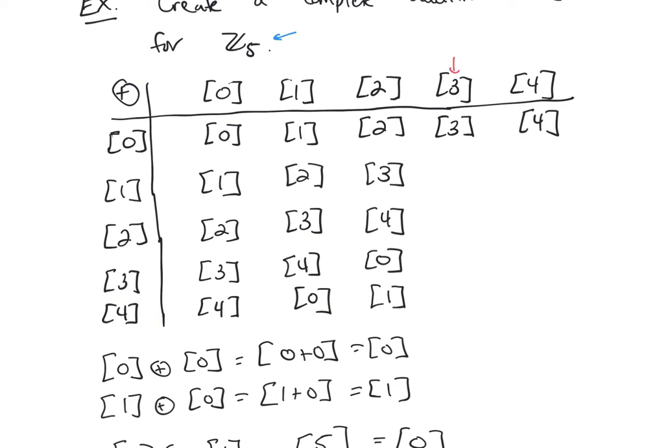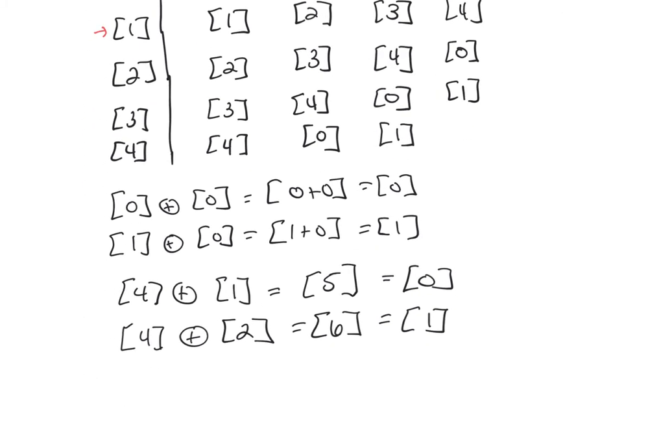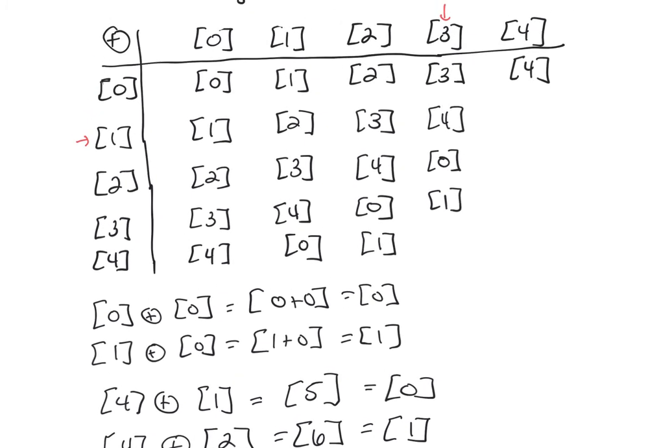You're going to take 1 and 3 and add them together, so you get 4. 2 and 3 give you 5, which is the same thing as 0. 3 and 3 is 6, which is the same thing as 1. If you add 4 and 3 together, what are we going to get? So 4 plus 3, we get 7. The remainder when I divide 7 by 5 is 2. So you're going to put a 2 in there.